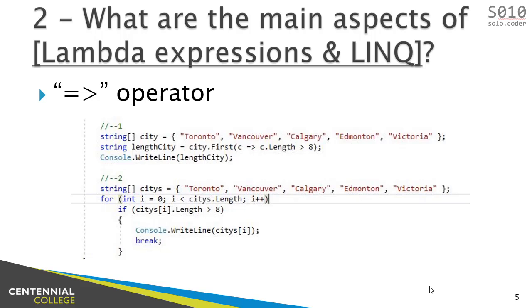So again, you may want to read it in different ways. Sometimes it doesn't make that much sense to read it as "goes to." Sometimes such as, you get C, which is a city, such that the length of the city is greater than 8.